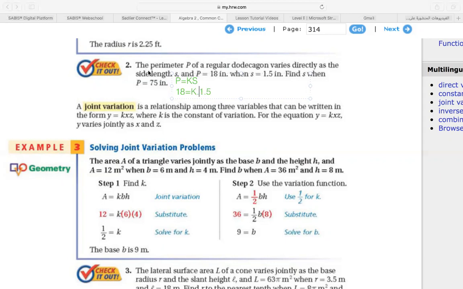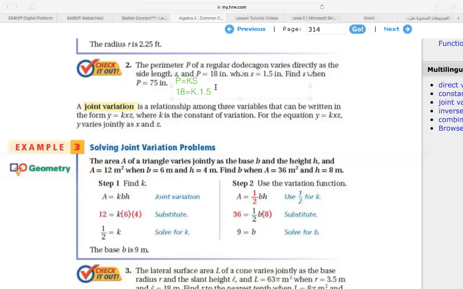The perimeter P of a regular dodecagon varies directly as the side length S, and P is 18 inches when S is 1.5 inches.